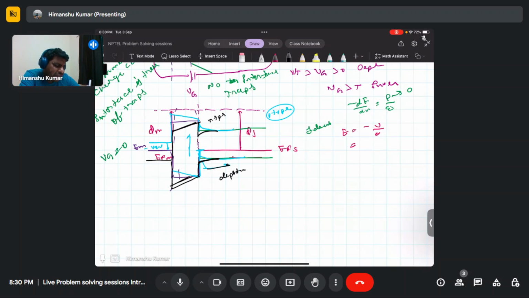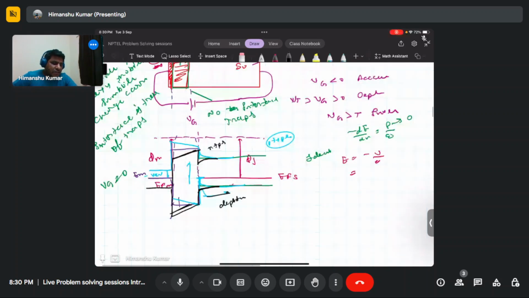That's why this region is known as the depletion region, because now we are depleting the majority charge carriers, and the interface is becoming more n type.